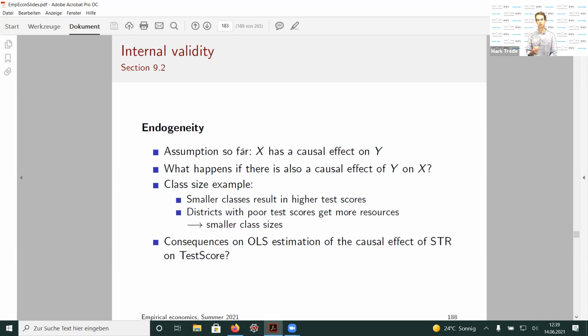And having more resources, the district is able to hire more teachers. So the class size will shrink. So if the test scores are really poor, then the class sizes will get smaller. That's also a line of argument. Yeah? And of course, the causal direction is different.